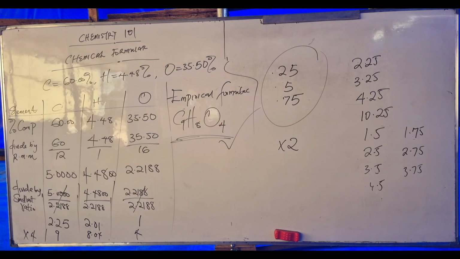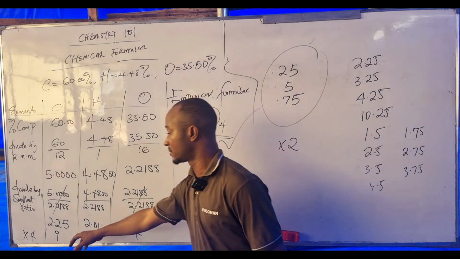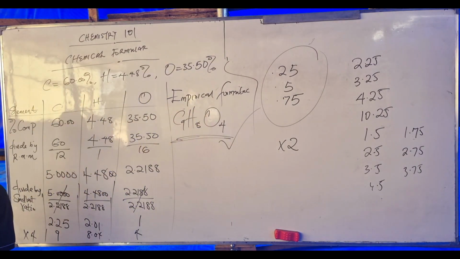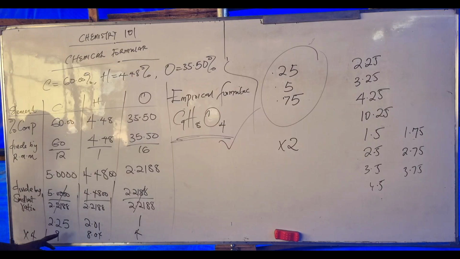We multiplied by 4 to give us a whole number. If you multiply by 2, we'll still get 0.5. Multiply by 3 to give us 0.75. So the right factor is times 4. Do you get the concept? You keep multiplying until you have a whole number.